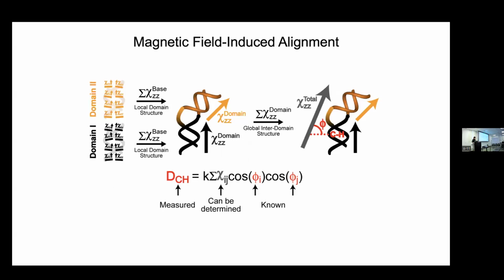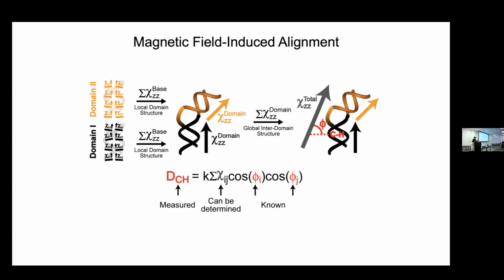Now, the reason why you can get alignment is, as I mentioned before, every little base has a magnetic susceptibility tensor, which we'll call chi, which results in a degree of alignment. Normally one base alone, like benzene, would give you an RDC of about 0.1 or less than 0.1 hertz, very small. But if you have a bunch of these bases stacked on each other, all co-aligned, like in a nucleic acid helix, then the physical interpretation is you literally do a tensor sum.